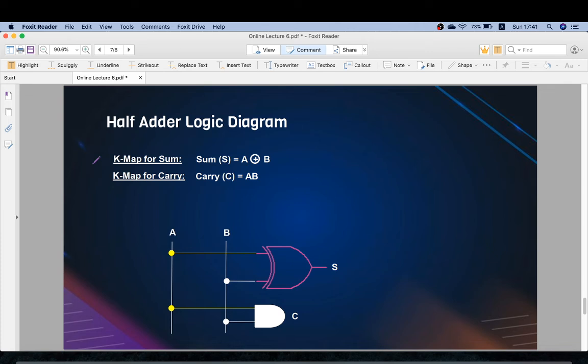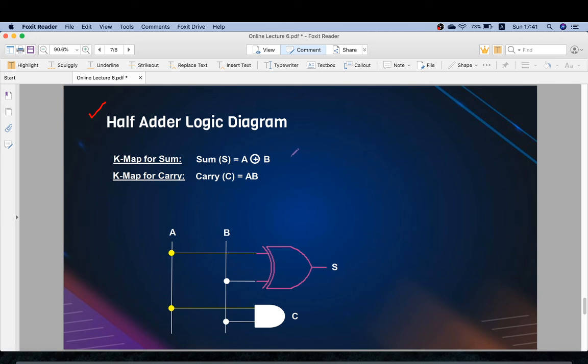Now it's the final step for the half adder: the logic diagram. As with other combinational logic circuits, the final step is always to make the logic diagram.